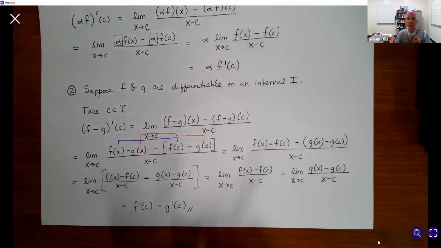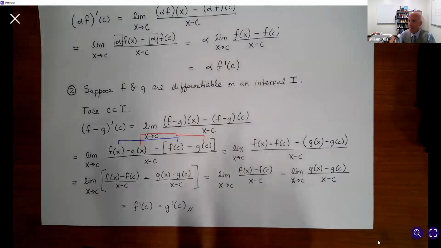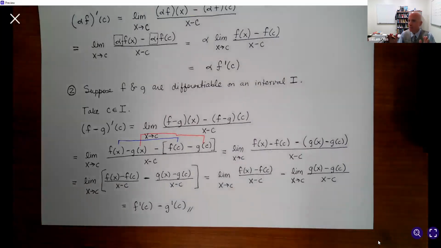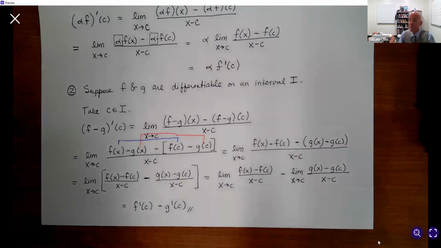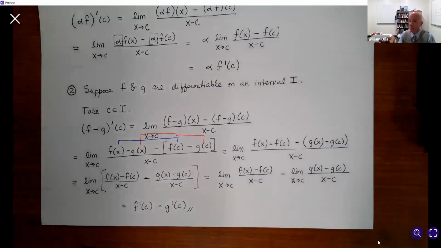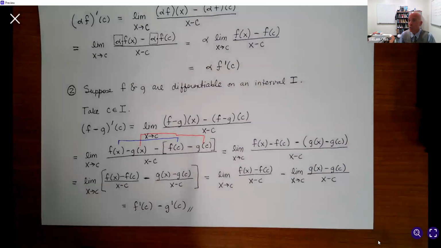So the operation of differentiation is convenient because it mimics that of the limit. That is, we can factor constants, and if we need to take the derivative of a sum or a difference, we can add or subtract the derivatives, just like we do with limits. That is very powerful. And of course, this can be extended by induction.